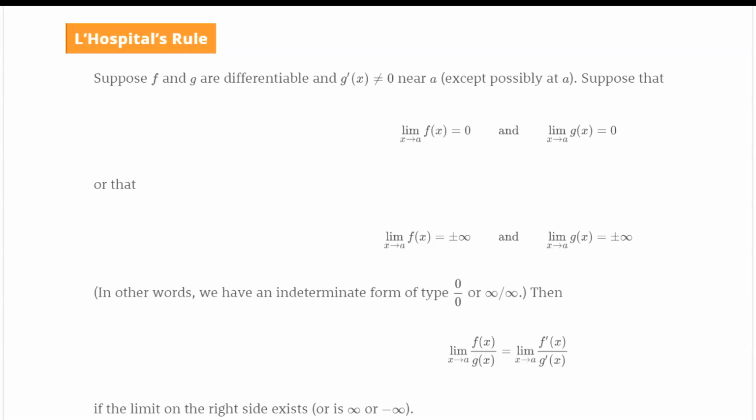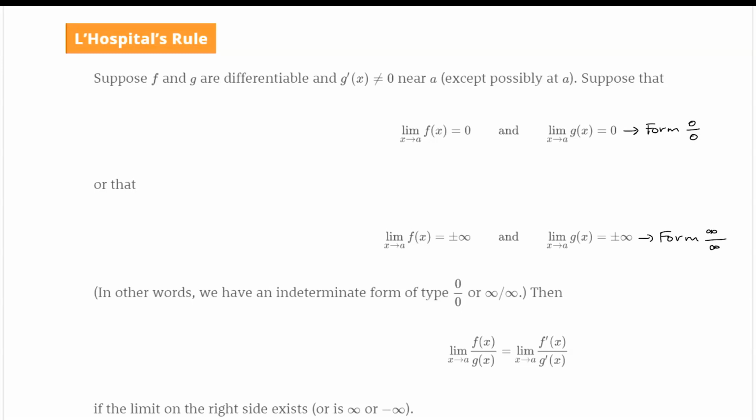So we have these functions f and g that are differentiable. G prime cannot be 0 near a, so a is the x value that's being approached in the limit. And either the limits of f and g as x approaches a are both 0, which means the indeterminate form we have is 0 over 0, or the limits of f and g as x approaches a are infinite, plus or minus infinity, which means we have the indeterminate form infinity over infinity.